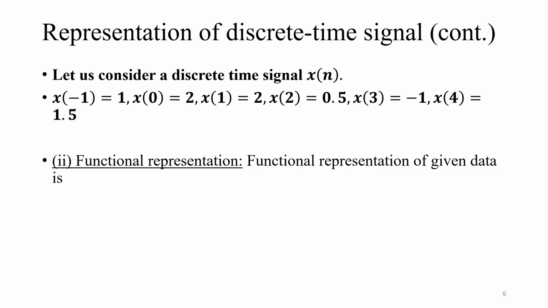The second representation is the functional representation. Functional representation means you will write x of n piecewise. First, x of n is equal to minus 1 for n equal to 3. Then x of n is equal to 1 for n equal to minus 1.